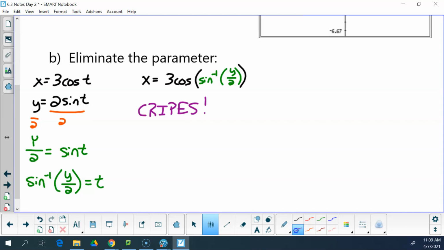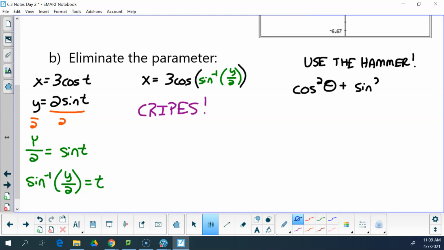When we do ones involving ellipses and circles, with a trigonometric function, when we're eliminating the parameter, we actually use the hammer. It's been a while since we talked about the hammer. And the hammer, again, was cosine squared of theta plus sine squared of theta is equal to 1.